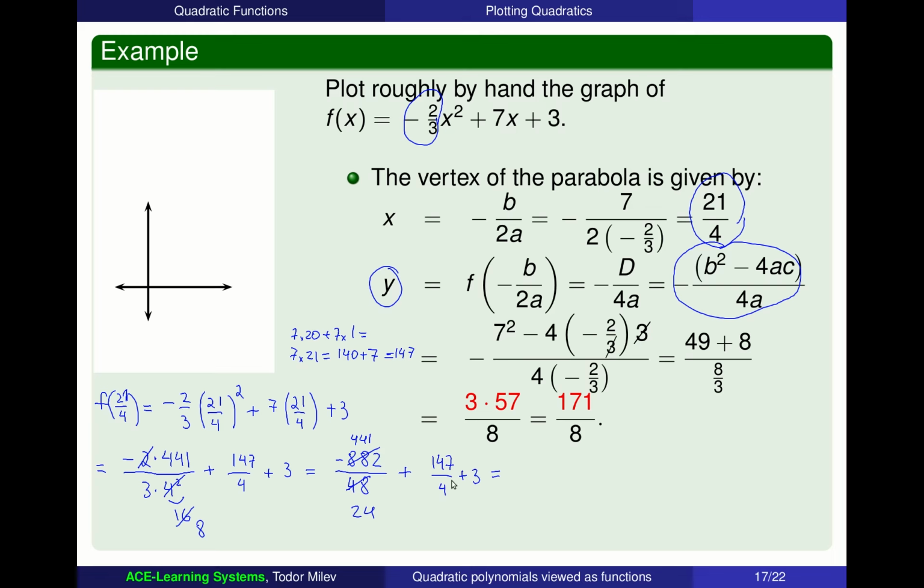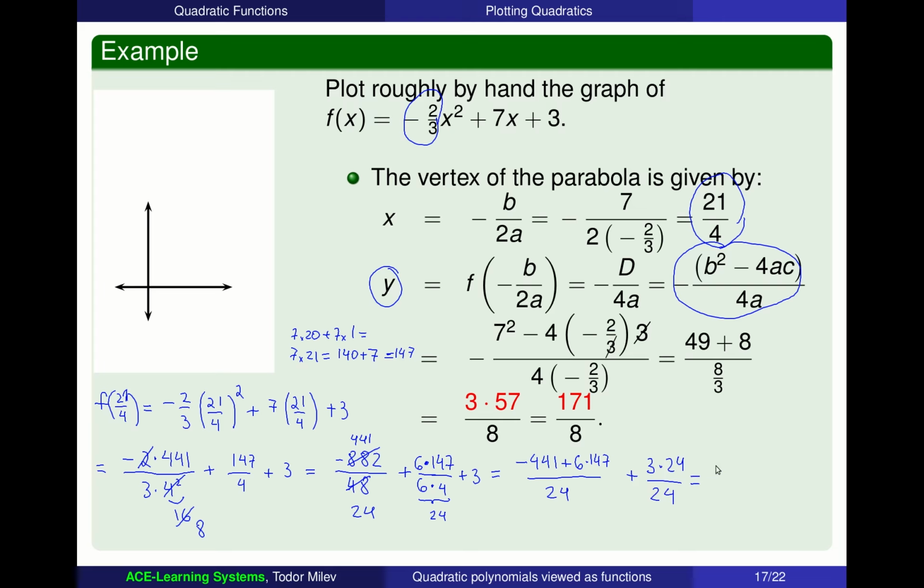Okay, so now I have to put this in the common denominator. In order to put this in the common denominator, I'm going to multiply by 6 here and multiply by 6 there. In this way, this becomes equal to 24, so I can put these two together in the common denominator. So minus 441 plus 6 times 147 divided by 24. And I also have to put 3 in the common denominator there, so 3 times 24 divided by 24.